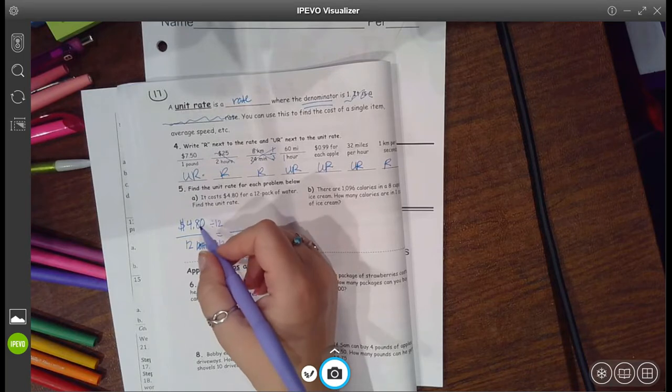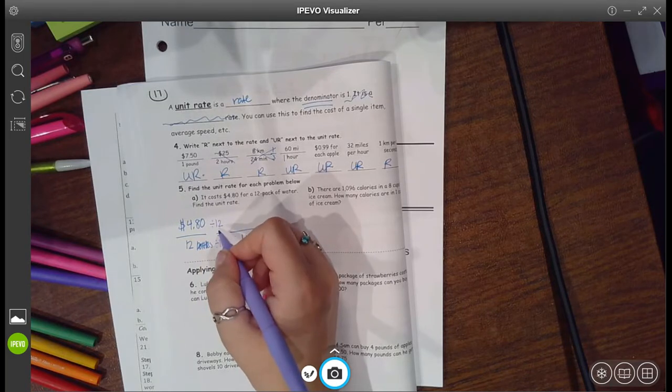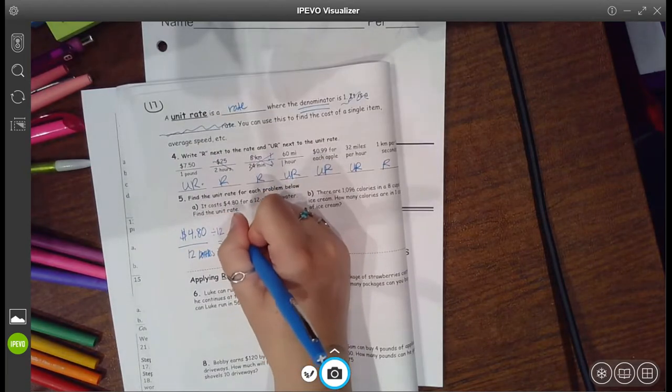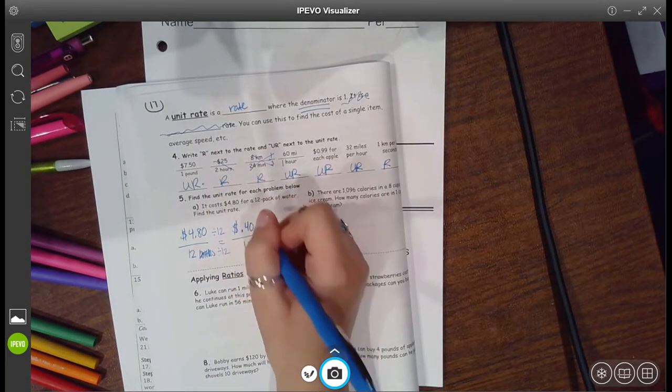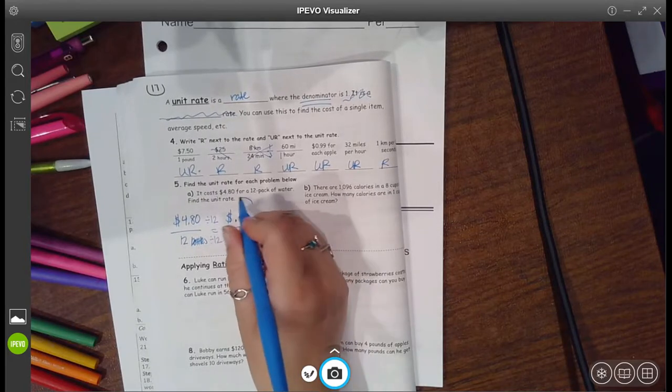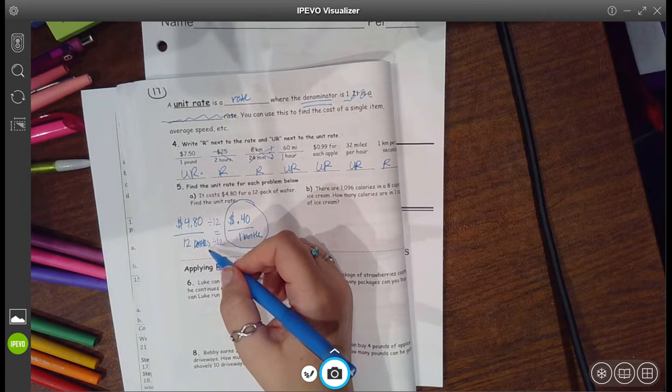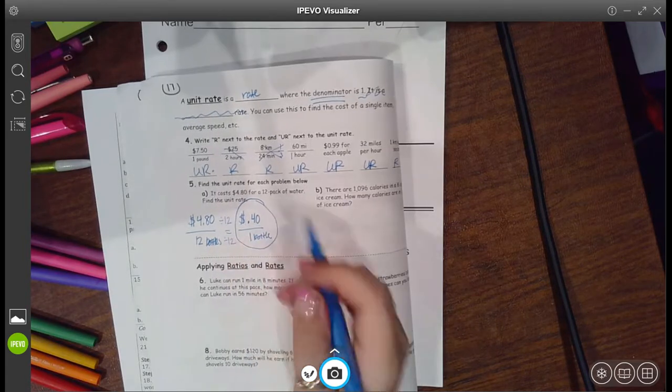So I divide 4.8 by 12, and I get 0.4, but I want it to be money, so 0.4 is the same thing as 40 cents. So it's about 40 cents per bottle if you buy a 12 pack versus a vending machine, where it's like $1, $1.50, $2. So it's smarter to buy a 12 pack.